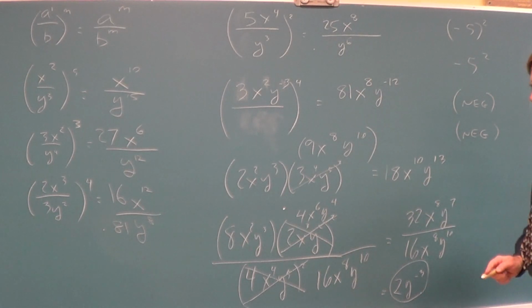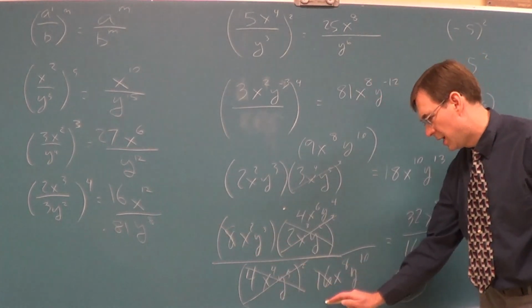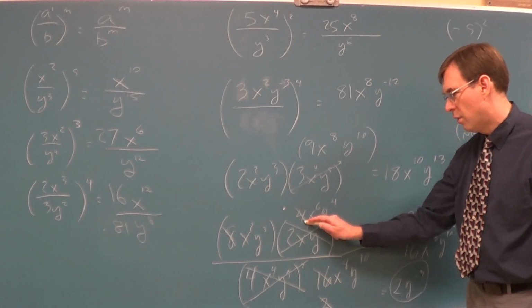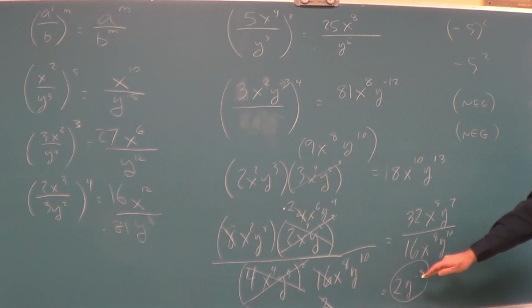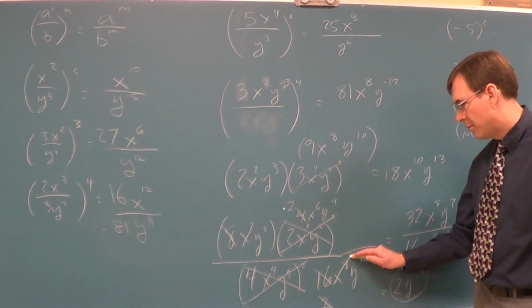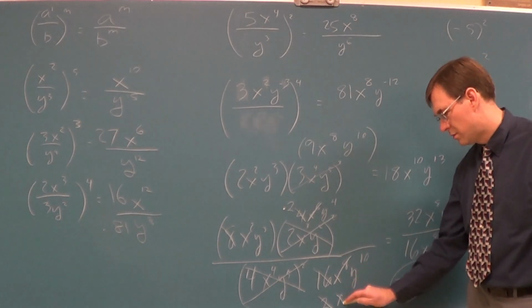Alternate plan, if you wanted to divide first, 8 goes into 16 twice, and 2 goes into 4 twice, and that 2 was on the top, so we got a 2, not a half. For the x's, 8 of them would bump off 6 of them and leave you 2.